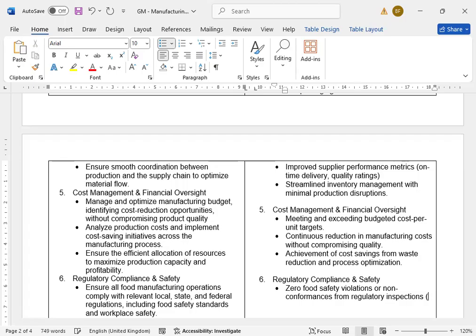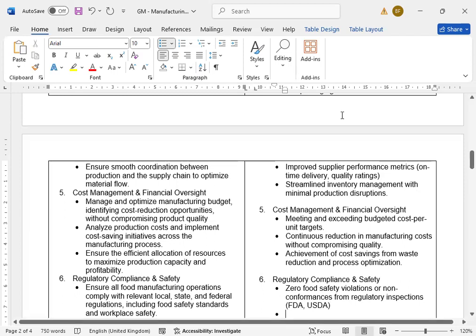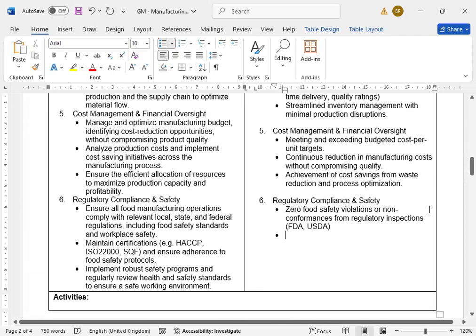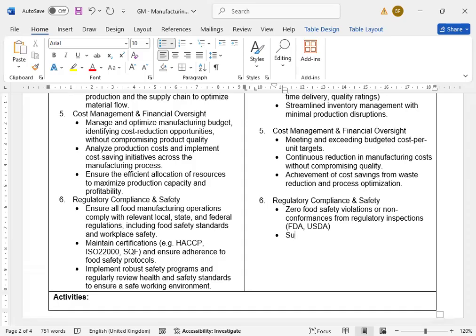What are these? This is FDA or maybe even USDA. Okay, then successful maintenance of food safety certifications.